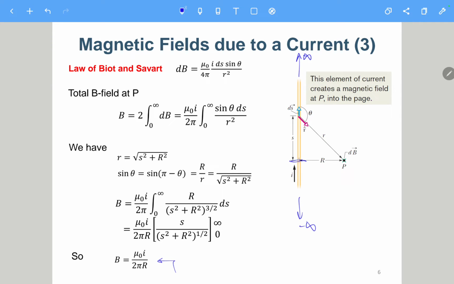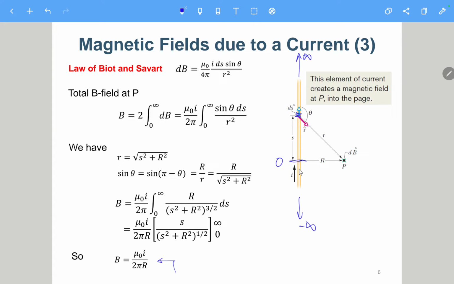So let's consider this is the axis to be 0. It goes this way to infinitely far away, and this way also goes infinitely far away. Okay, so for every segment, just say this one, we call this one ds. And then of course this one will generate the B field here.